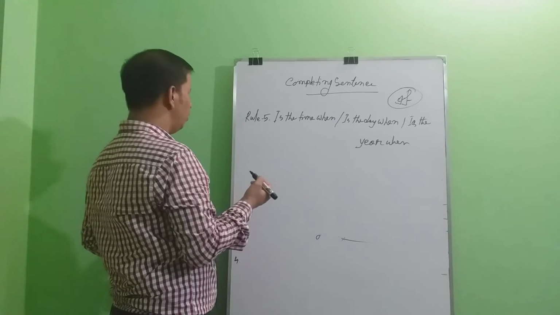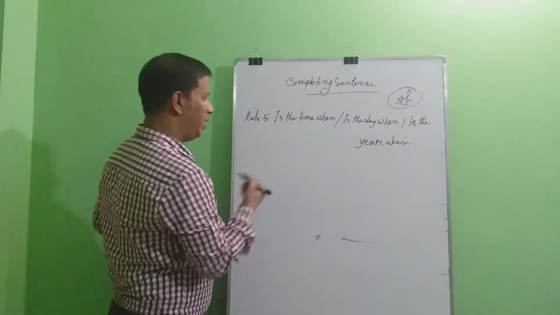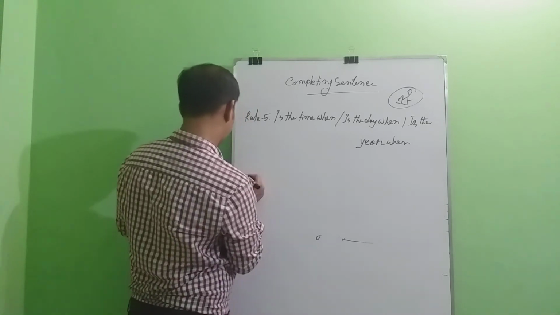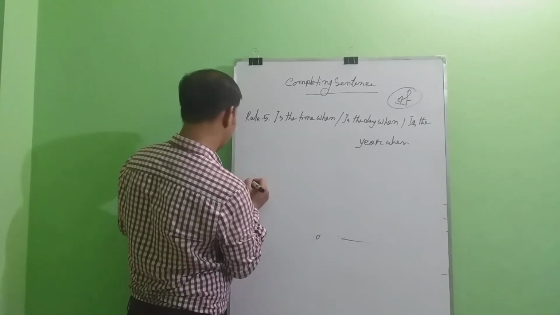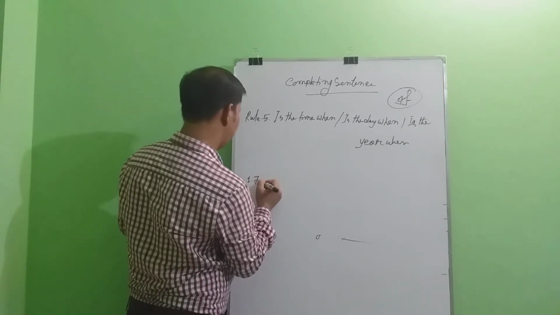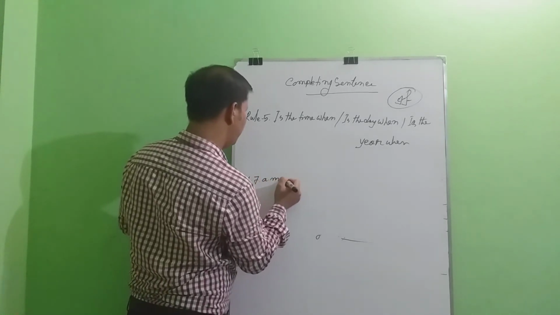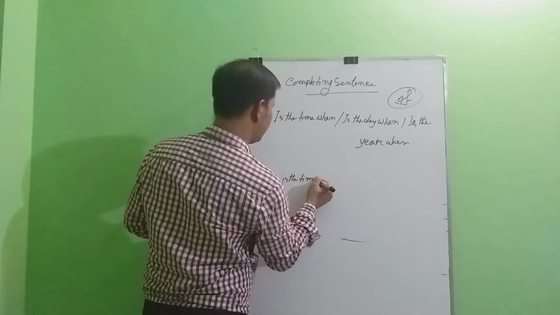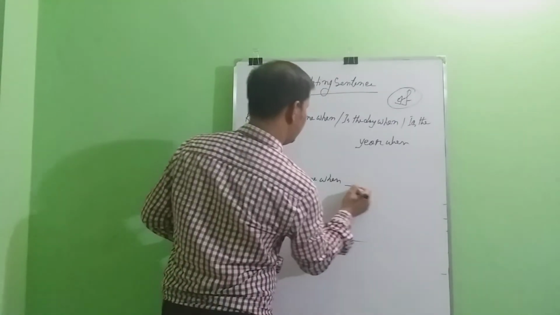Students, now let me explain the examples for this rule. I have written the sentences here. Number 1, 7 am is the time when dash.